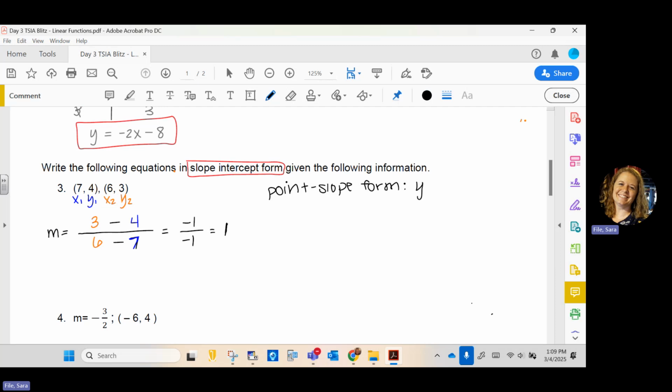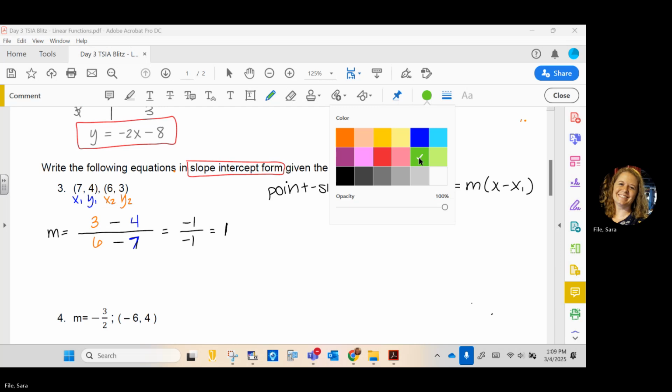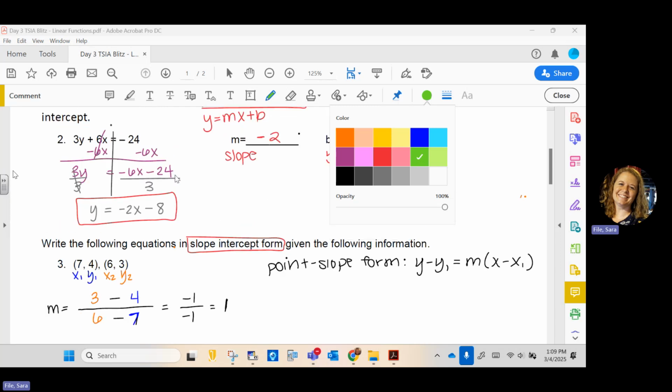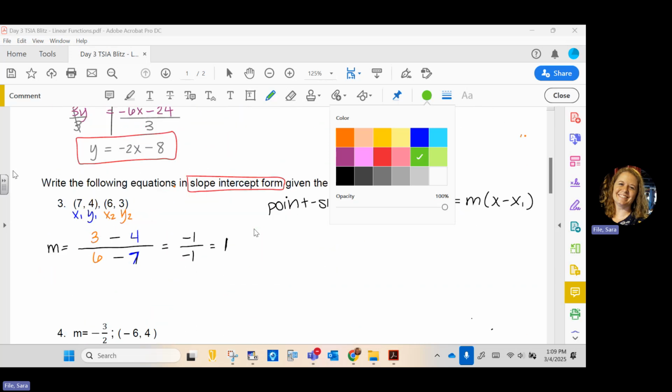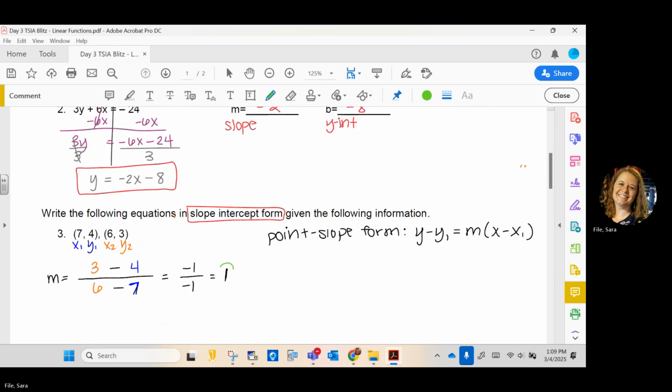So it's y minus y1 equals m times x minus x1. Okay, so again, our m, that's slope. Okay, we calculated that already to be 1. So m is 1. That's going to get plugged in here.